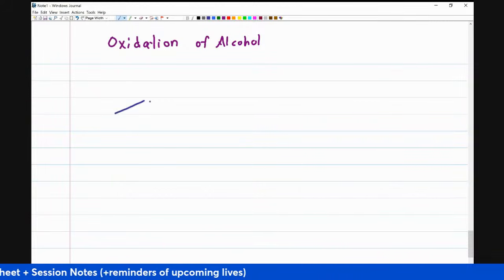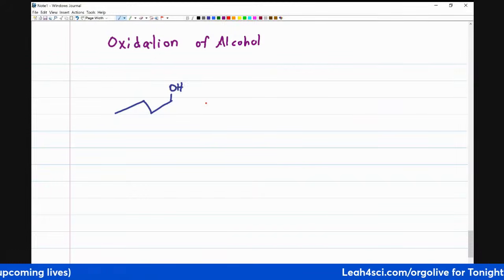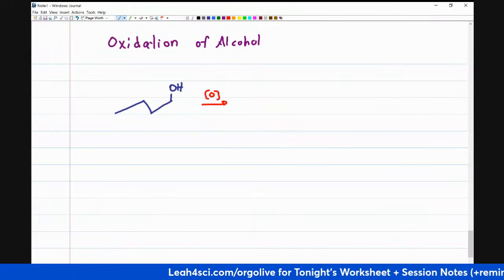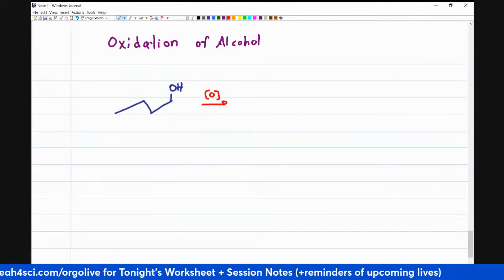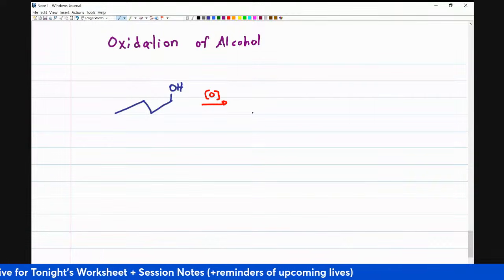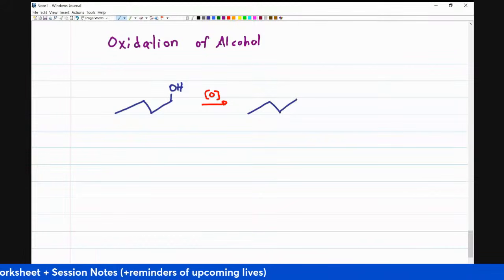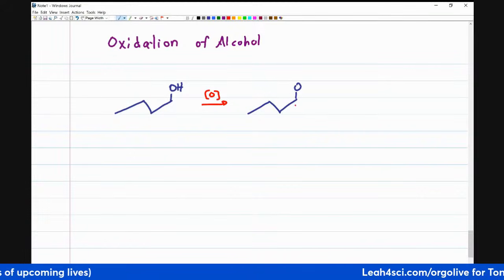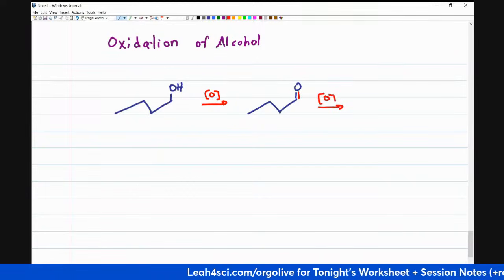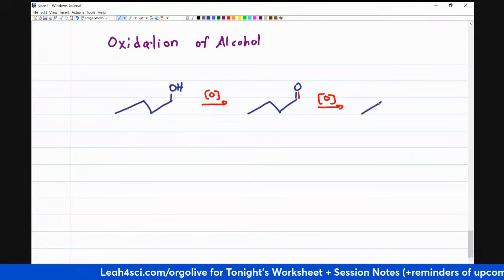If I have a primary alcohol, for example, something like this, and I oxidize it using a strong oxidizing agent like chromic acid or some version of it like sodium dichromate, the alcohol can get oxidized twice, so double oxidation. The first is to an aldehyde, and the second is to a carboxylic acid.